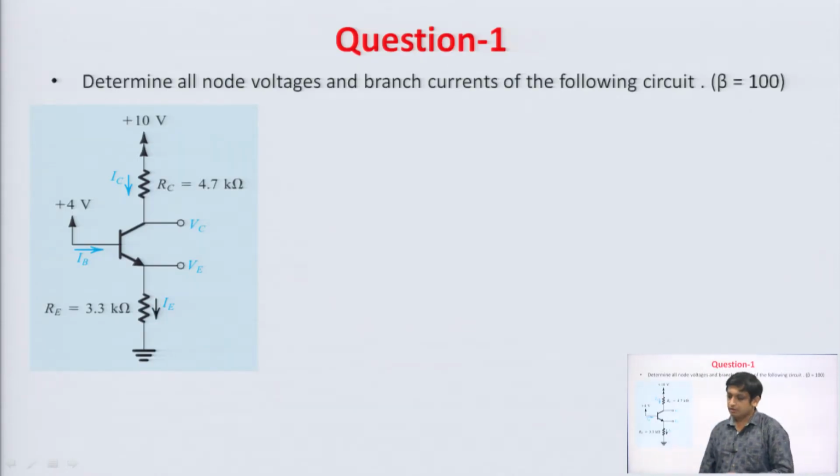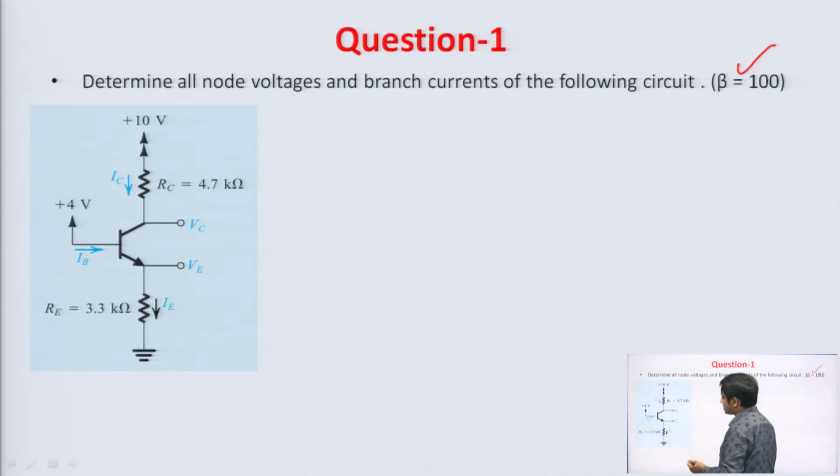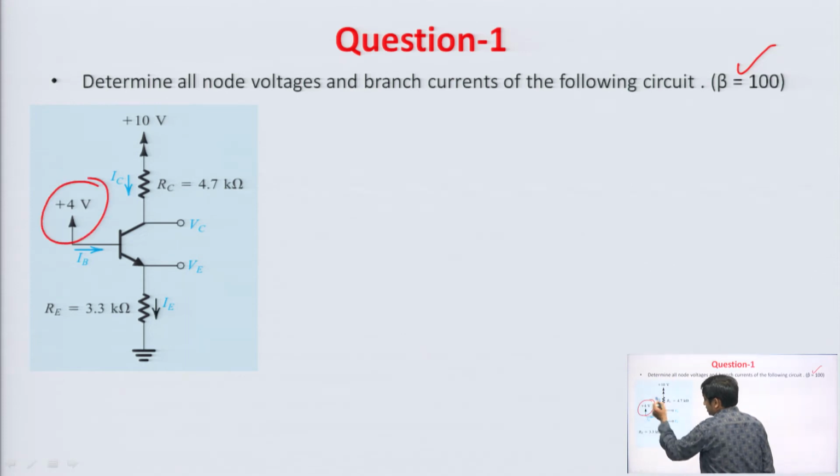Now, one question I am going to discuss here, this is question number 1. The circuit is given and we have to determine all the node voltages and the branch currents of the following circuit, and it is given that beta is equal to 100. Fine. So, you can see that this is your NPN transistor and at the base plus 4 volt is applied.